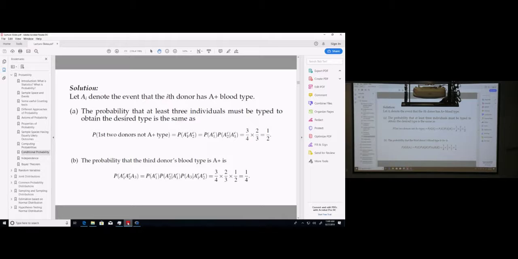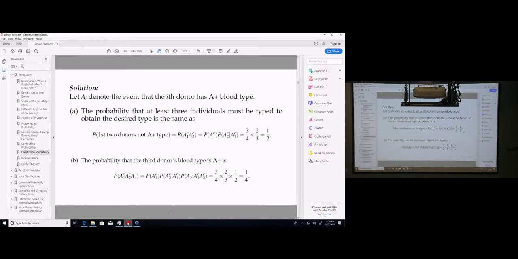So let Ai denote the event that the i-th donor has an A+ blood type. So A1 means the first person has the blood type A+, and so on and so forth. So the probability that at least 3 individuals must be typed to obtain the desired type means that at least 3 individuals consists of 2 situations: exactly 3 individuals or 4 individuals.